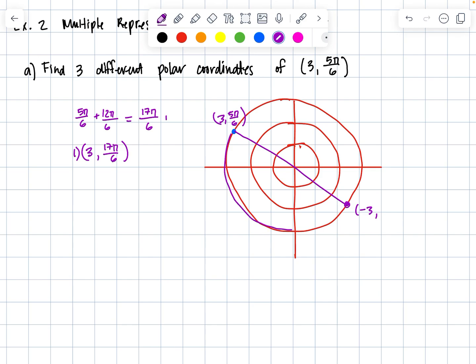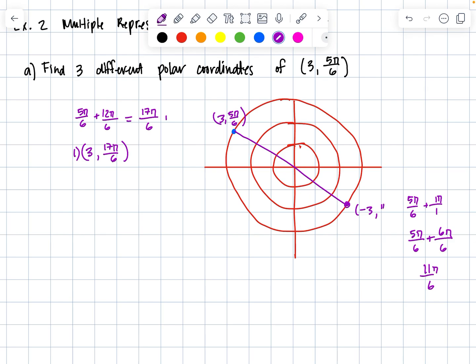So what is this distance then? Well, since this is a half circle, we could say, what is 5 pi over 6 plus 1 pi? Well, 1 pi over 1 is the same thing as saying 6 pi over 6. So 5 pi over 6 plus 6 pi over 6 is equal to 11 pi over 6. So this is our alternate coordinate.